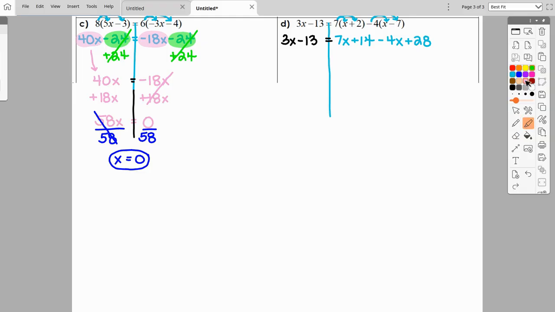From here, again, I'm going to color code. Anything with an x, I'll highlight in pink. And anything that's just a number without a letter, I'll highlight in green. From here, I see that I have two pink like terms on the right side here. A 7x minus 4x. Because they're on the same side, I'll keep the same sign. 7 minus 4 is 3x.